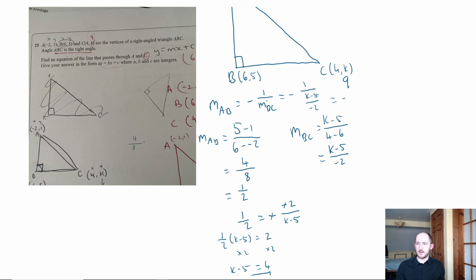So that's the same as doing minus 1 divided by k minus 5 over minus 2. So that's the same, use keep flip change, minus 1 times minus 2 over k minus 5. And if you look, that is actually the same as this piece over here. So I hope that makes a bit of sense.